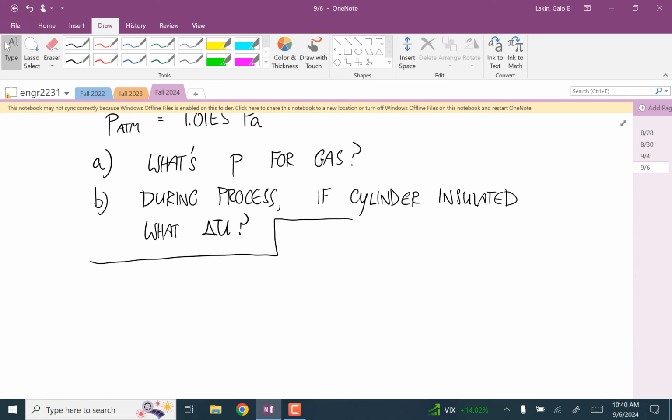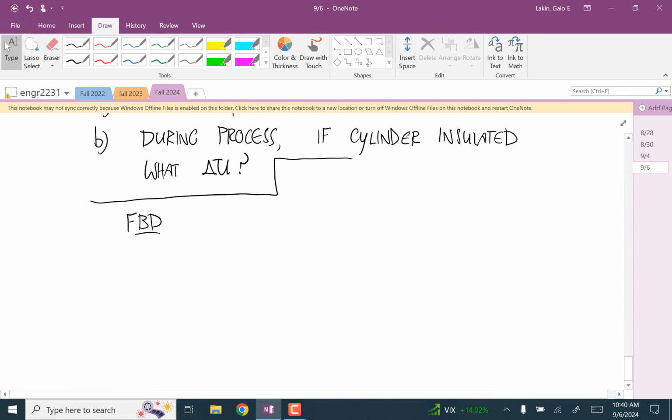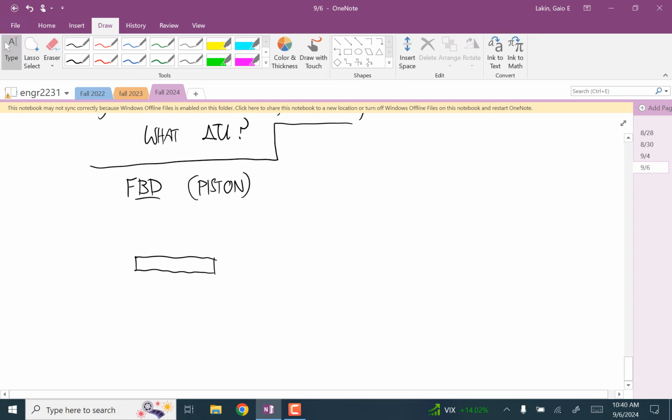So if this is an equilibrium, I'm going to draw a free body diagram of the piston. This is just a side view. There's a weight force down of 5 times 9.81, so 49.05 newtons.